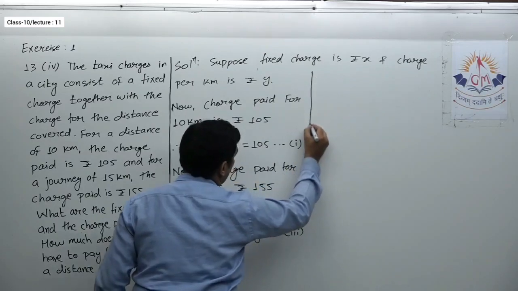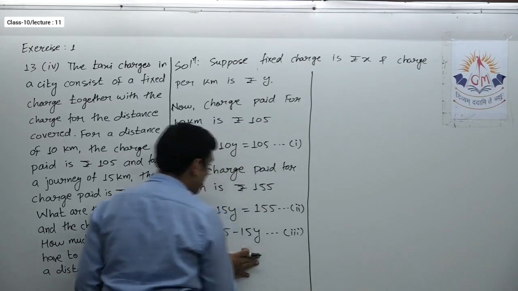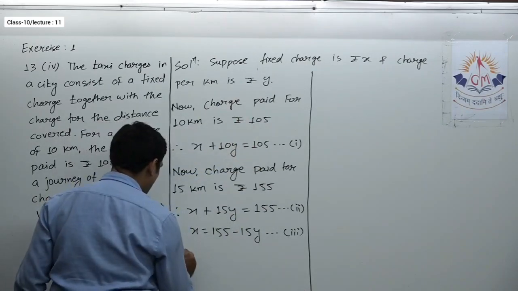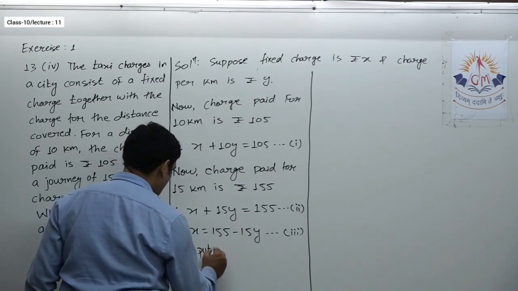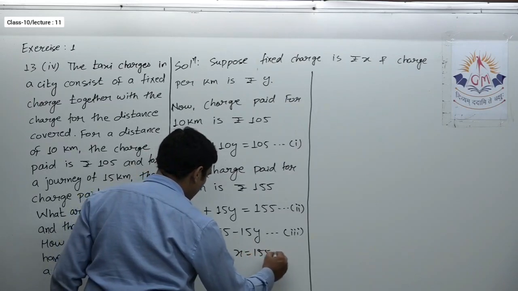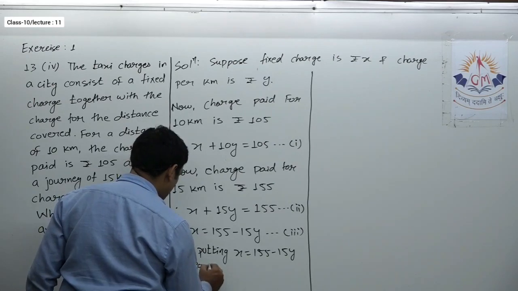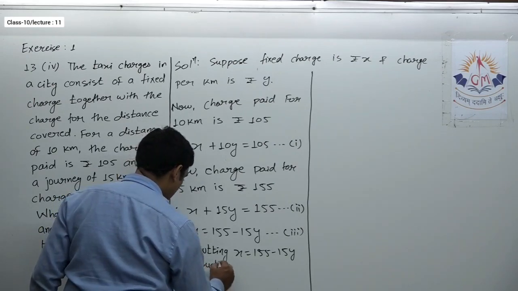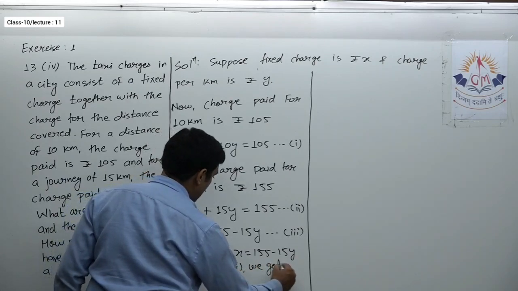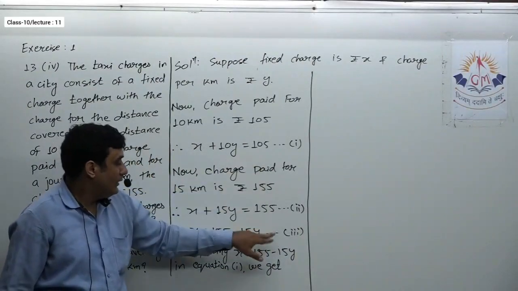Now next what I have to do is put the value of x from this in equation number 1. So putting x is equal to 155 minus 15y in equation 1 we get: why equation 1?